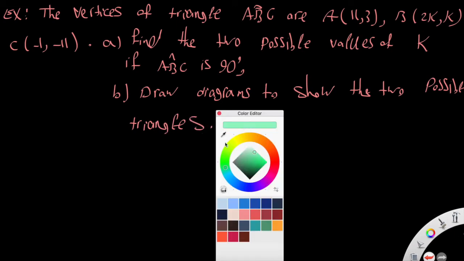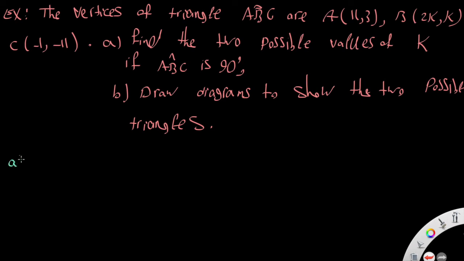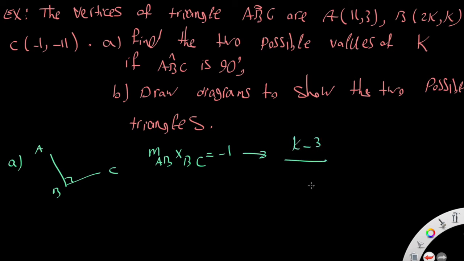Now, for the first part, as it says ABC, for example, A here, ABC is to be a right angle. It means that gradient of AB times gradient of BC must be -1 as they are perpendicular. Gradient of AB is equal to k minus 3 over 2k minus 11 times minus 11 minus k over minus 1 minus 2k, which is equal to -1.